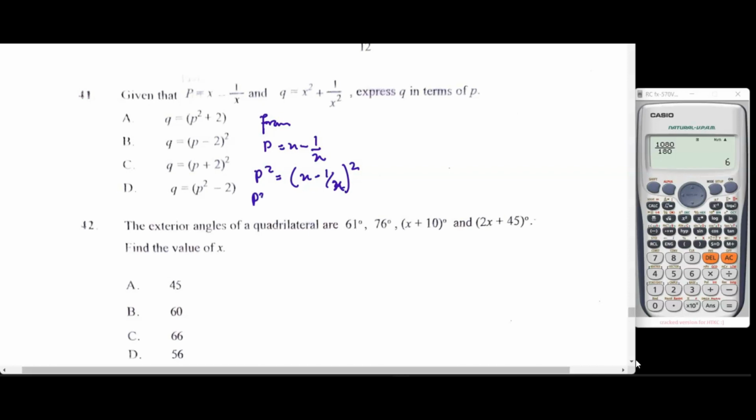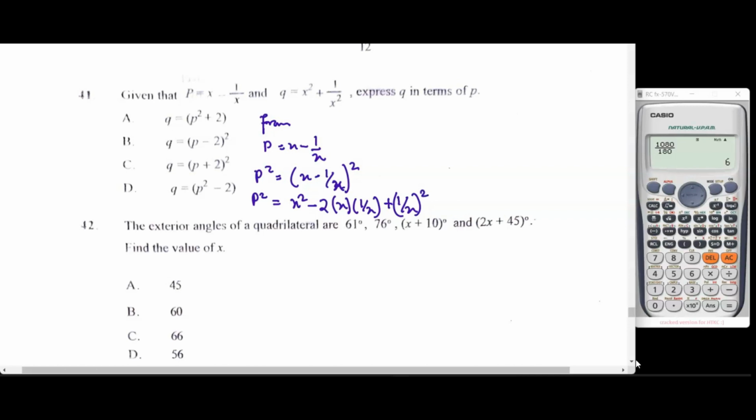Simplifying it, when you expand this, it's going to give you x squared minus 2 times x times 1 on x, then finally plus 1 over x all squared.